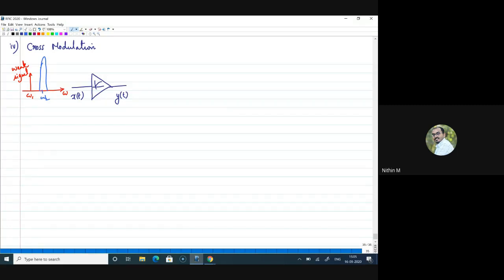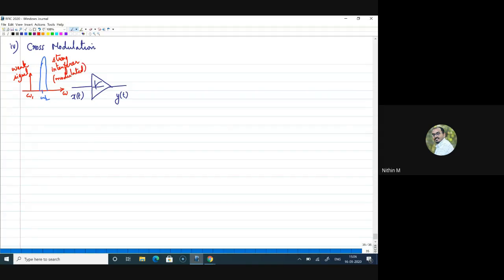Now instead of considering this as a single tone, I am considering it as a modulated signal. That is why I have used this notation. I hope you understood that. So this is a strong interferer which is modulated.